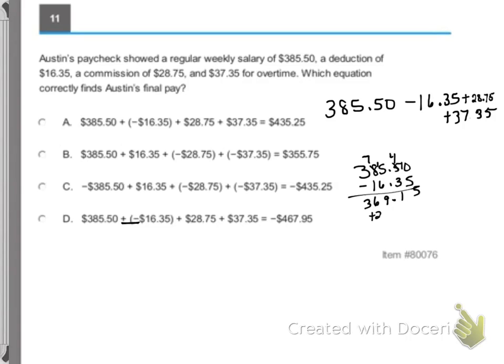Now we're going to add $28.75. I'm at $397.90, and then I have to add the overtime, which is $37.35.